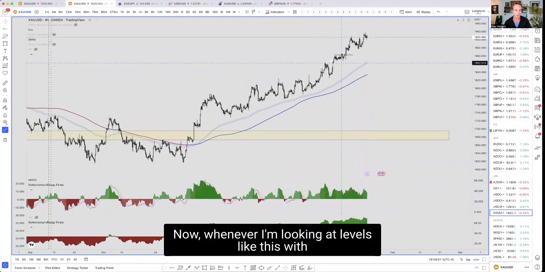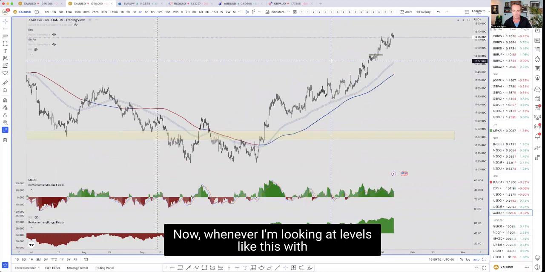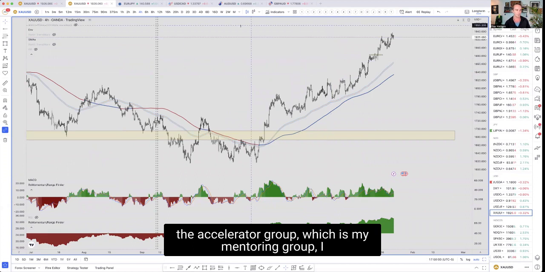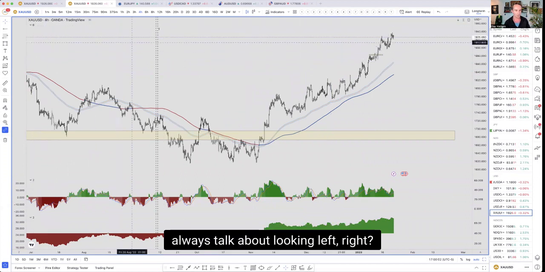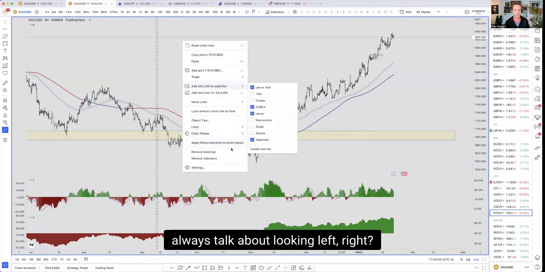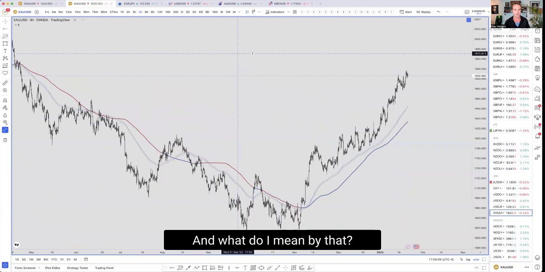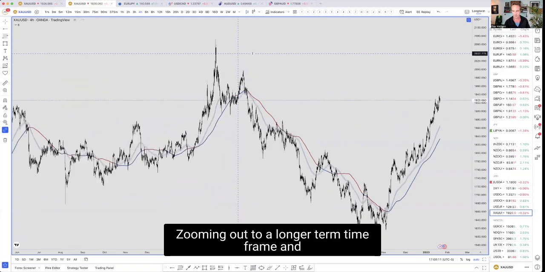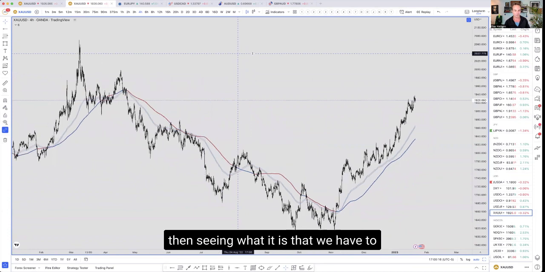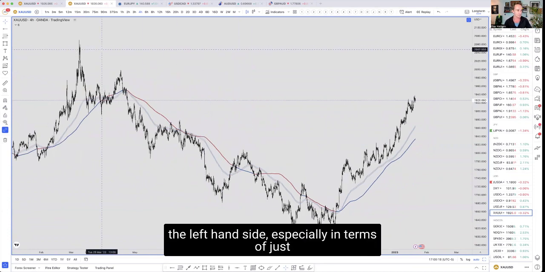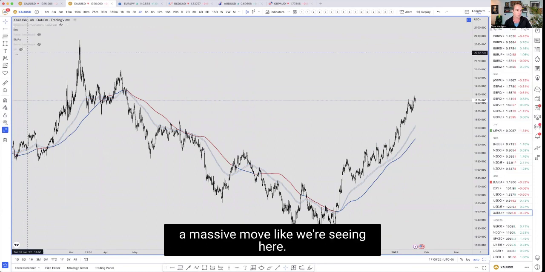Now, whenever I'm looking at levels like this, in the accelerator group, which is my mentoring group, I always talk about looking left, right? The importance of looking left. What do I mean by that? Zooming out to a longer-term time frame and then seeing what we have to the left-hand side, especially in terms of a massive move like we're seeing here.